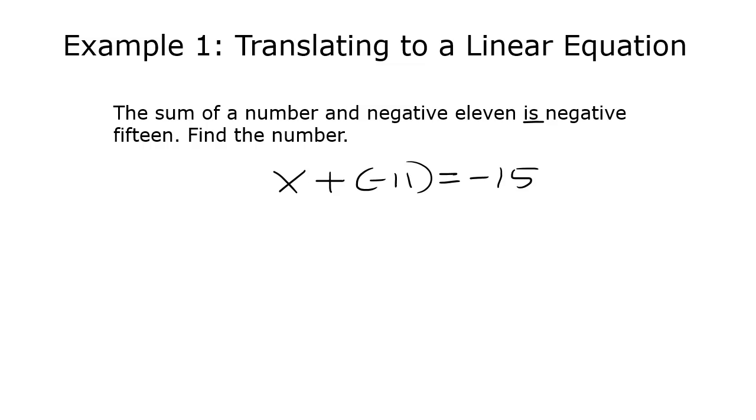Find the number. Well, that's pretty easy. This is just x minus 11 equals negative 15. I wrote 15 there, that's my brain moving ahead. I always tell you guys, your brain is too smart and it's moving a step ahead. Add the 11, and x equals negative 4.